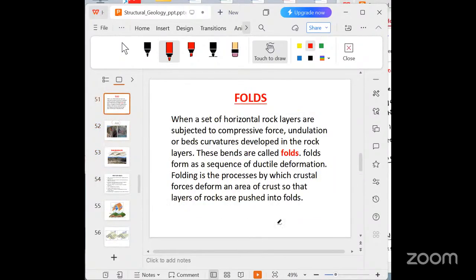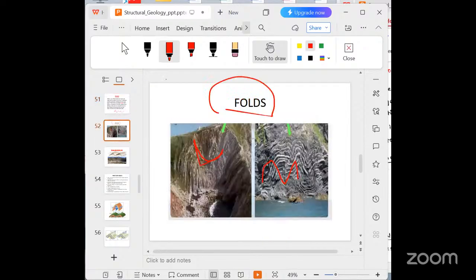Folds are wave-like undulations in strata or foliations. So, they are bending, right? Like this, bending or arching in the bedding or foliation planes of the rock layers due to forces of the earth.